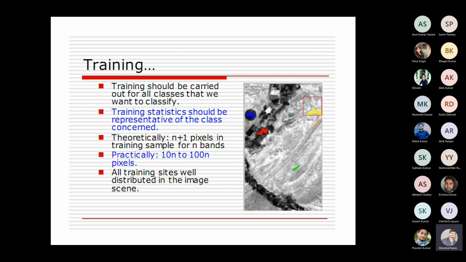And while collecting training samples, as you see in the image, the training sites from where we collect the training samples should be well distributed in the image. It is not like at one location you have collected all the samples.